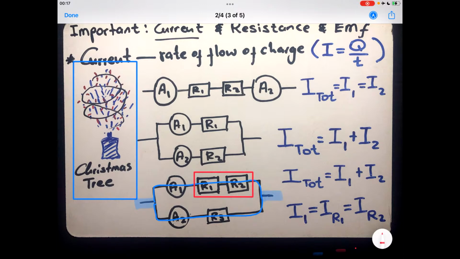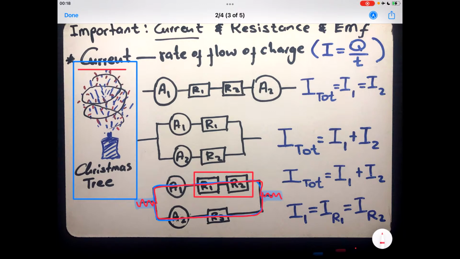So remember, we are talking about the current, honorable members. So let's discuss the current. What happens to the current in this case? Obviously, it flows as total and then it splits. So that means the current passing through ammeter 1, when you add it to the current passing through ammeter 2, it has to take you back to that total current.